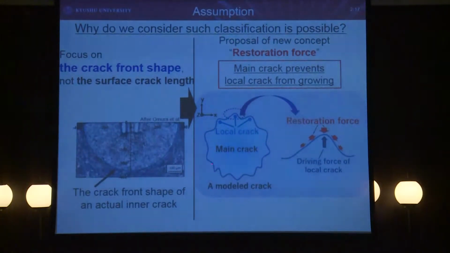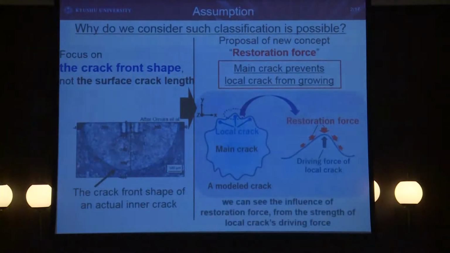This schematic shows a modeled crack of an actual inner crack, and this schematic shows restoration force. So we can see the influence of restoration force from the strength of the local crack's driving force.